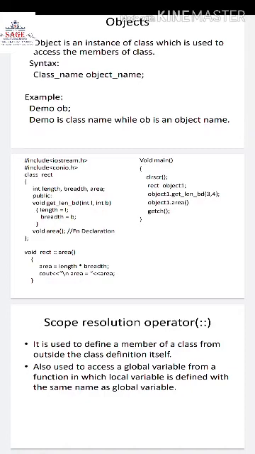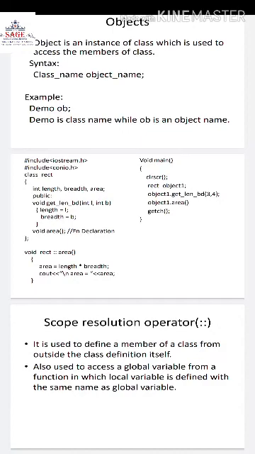In brackets we have passed two arguments, 3 and 4. So this 3 will be assigned to the variable L and 4 will be assigned to the variable B. Now this L and B we have assigned to the length and breadth, which is the class variable. So length is now 3 and breadth is now 4.